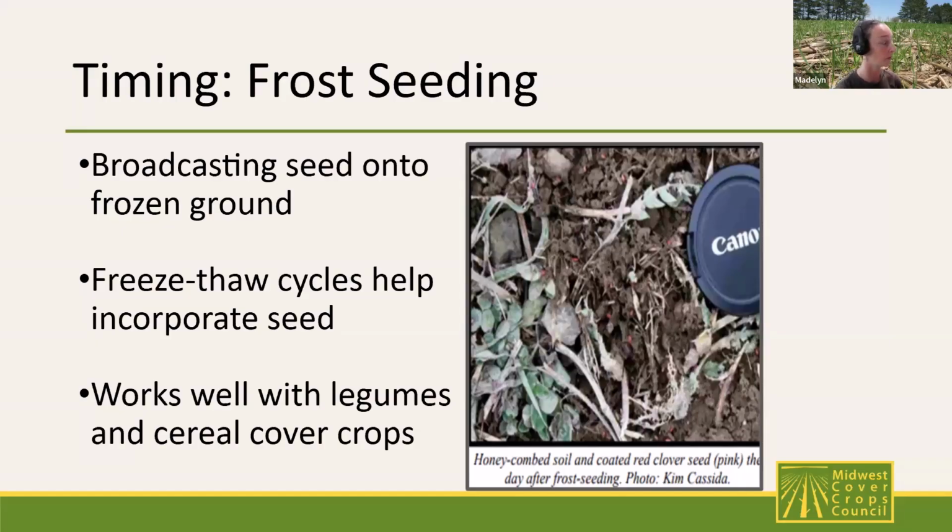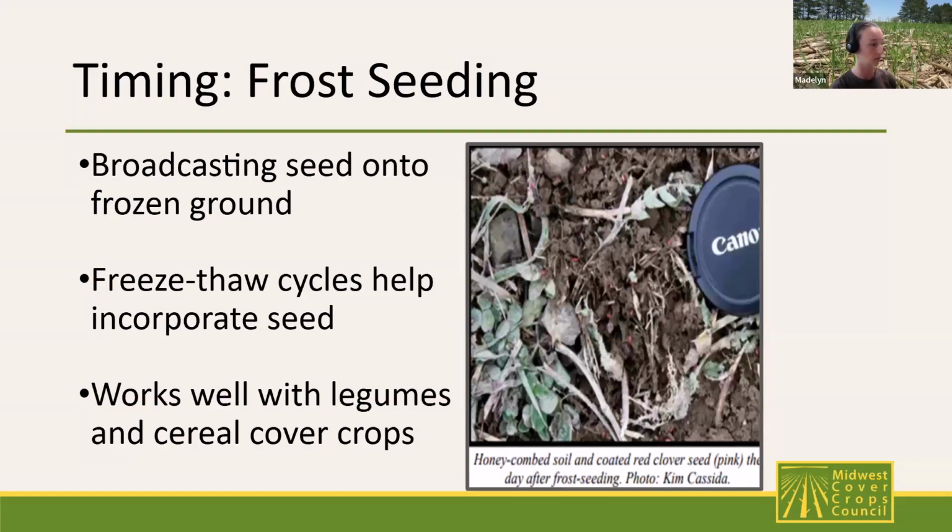When we think about all of these different methods of seeding cover crops, broadcast tends to be the quickest. There are pros and cons to each of the seeding methods. Broadcast being quick is a pro. A con is that you lose some germination, you lose some stand, because that seed is on the surface.